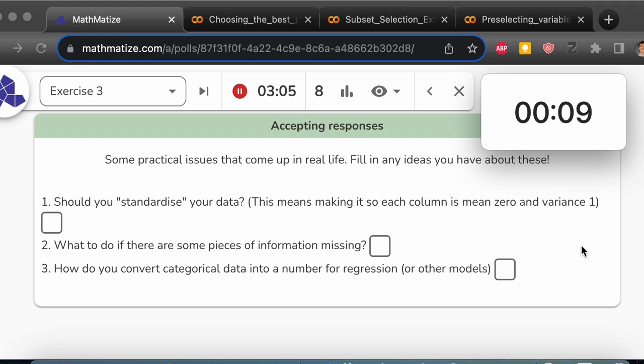Okay, 10 seconds left. It's good if you put in any answer so you get credit for being here. So just put in I don't know for all three if you don't want to actually put an answer in.